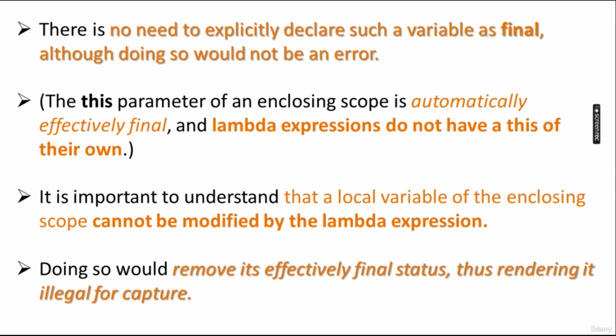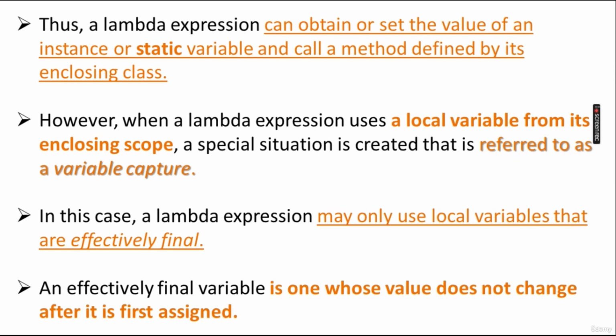Local variables of the enclosing scope cannot be modified by the lambda expression once declared because they are effectively final. Doing so will remove its effectively final status, thus rendering it illegal for capture. Okay. So what we have understood in this case: whenever a lambda expression uses a local variable created inside the enclosing scope, first of all, it is called variable capture.